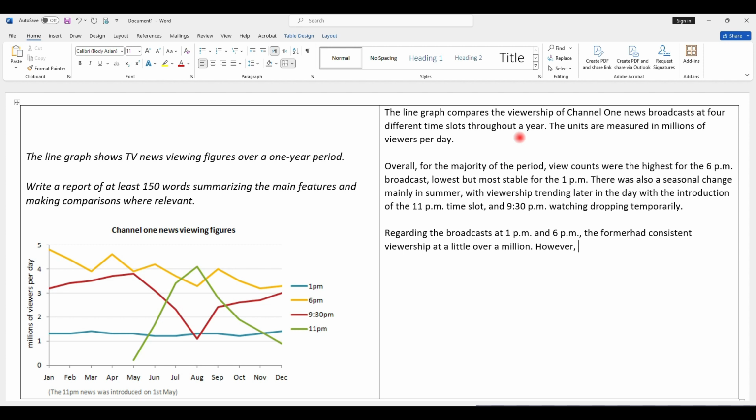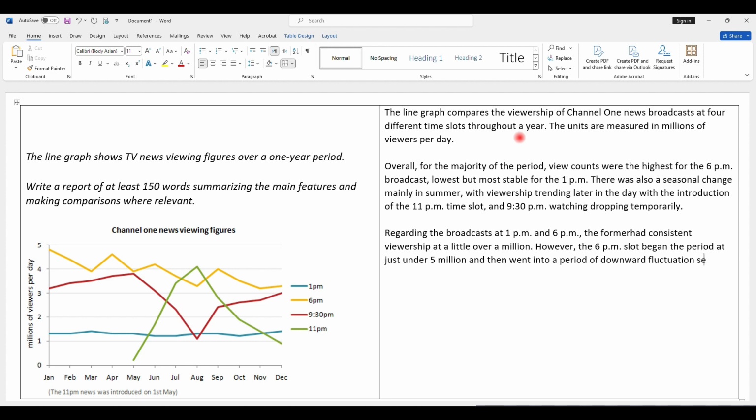However, the 6 p.m. slot began the period at just under 5 million, and then went into a period of downward fluctuation until, okay, there isn't any significant change in the middle until that's just settling.